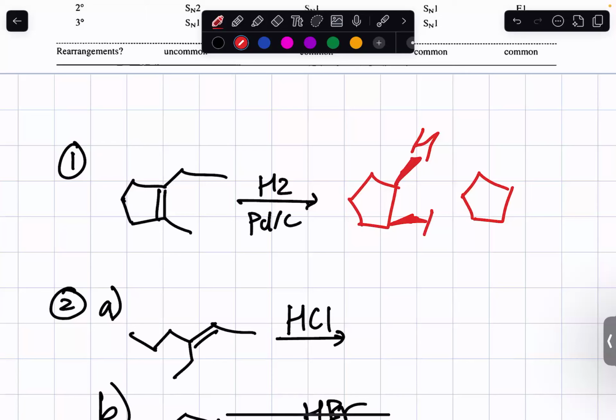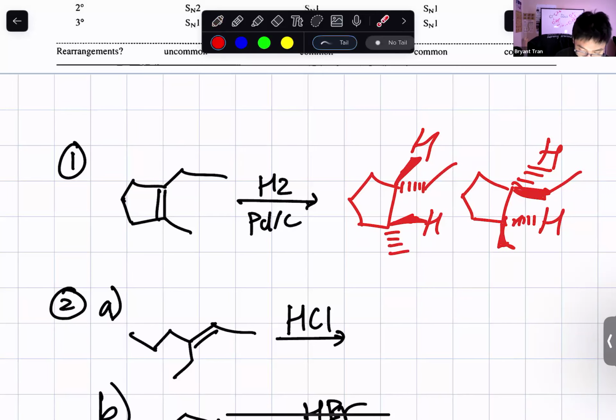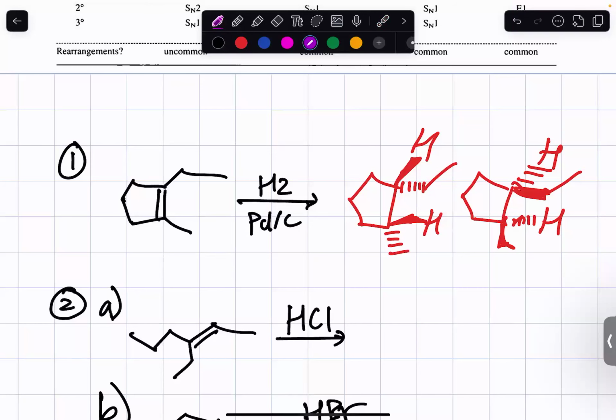And then I emphasized the wedge and the dash on the ethyl. Right. If the hydrogens were wedges, then the ethyl and methyls would be dashes. If the hydrogens were dashes, the ethyl and methyls would be wedges, like that. And that's good. You got it. That's correct. The most important thing here is probably the syn addition part of this.